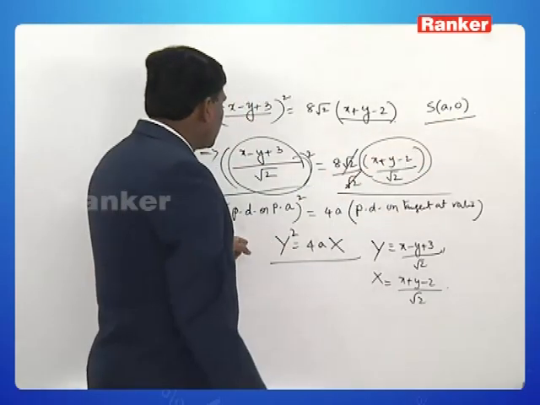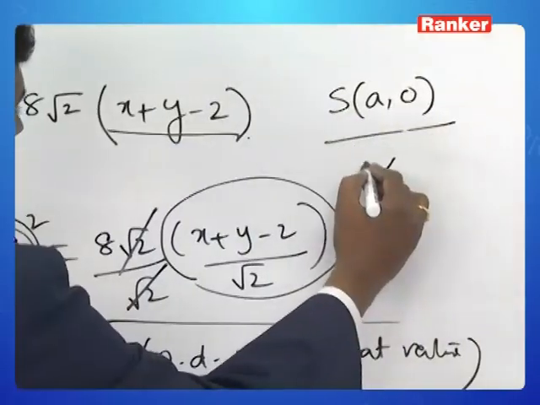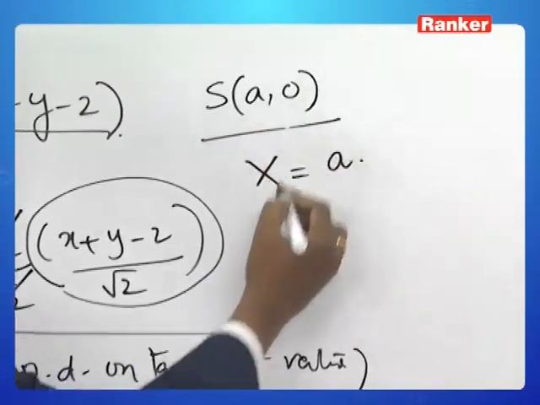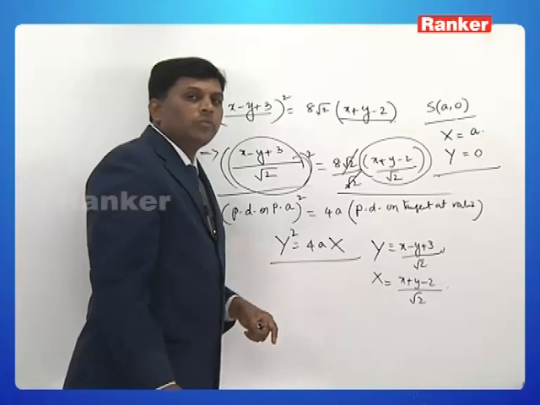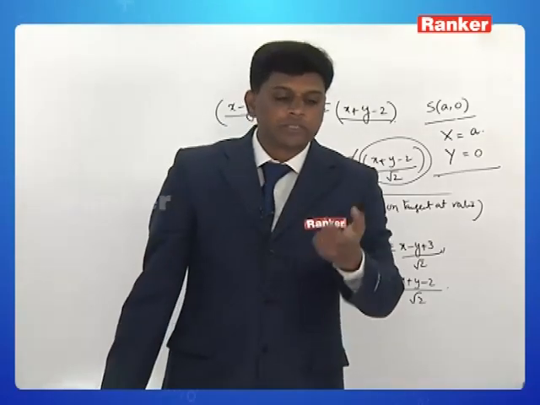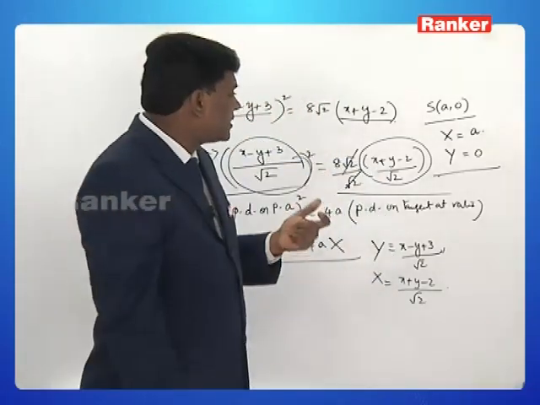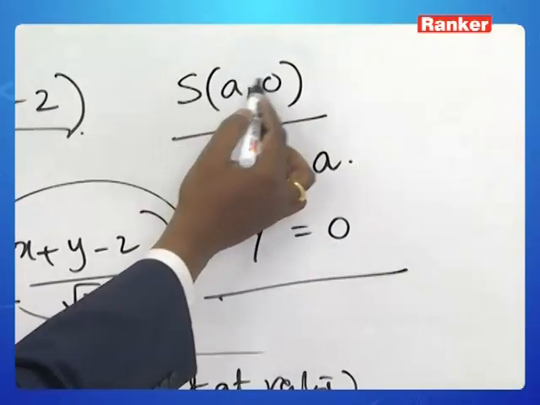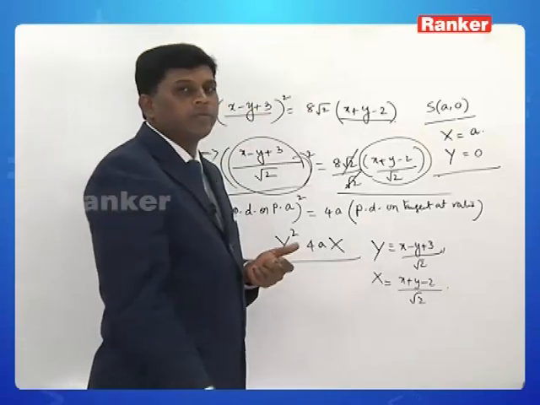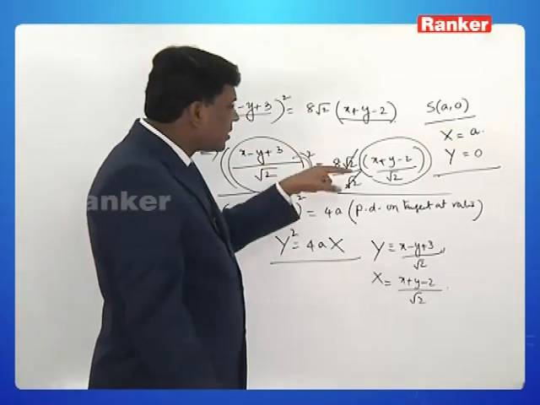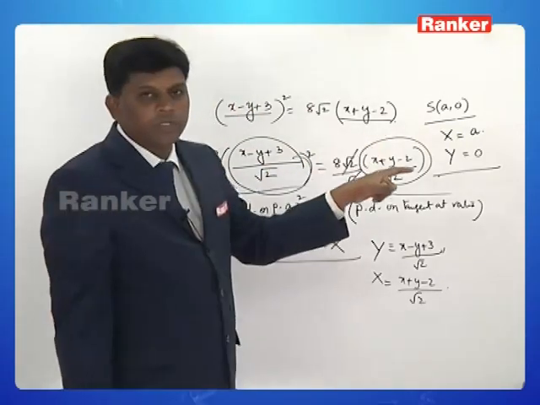That means capital X equals a and capital Y equals 0. We require the original coordinates in small x and small y. For that, instead of writing (a, 0), we solve capital X equal to a and capital Y equal to 0. On solving, we are getting the focus.